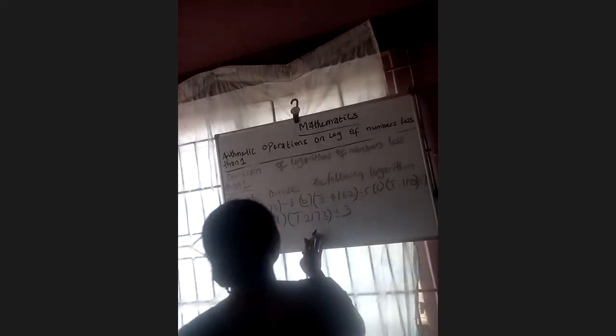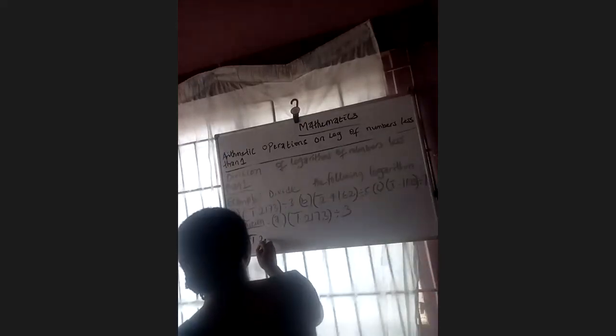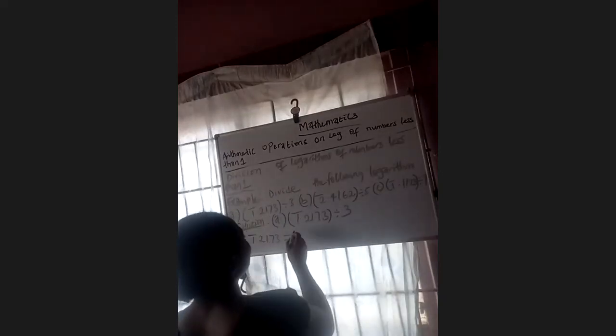Break it down in what sense? Bar 1.2173 is the same thing as saying bar 1, that is minus 1, plus 0.2173. When you add minus 1 plus 0.2173, you will have minus 0.7827, which is bar 1.2173.